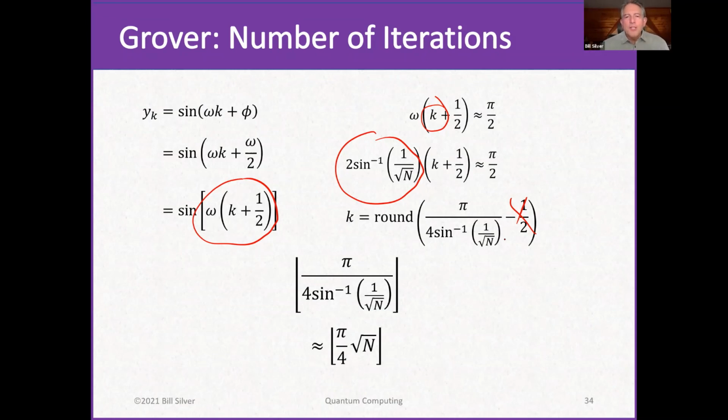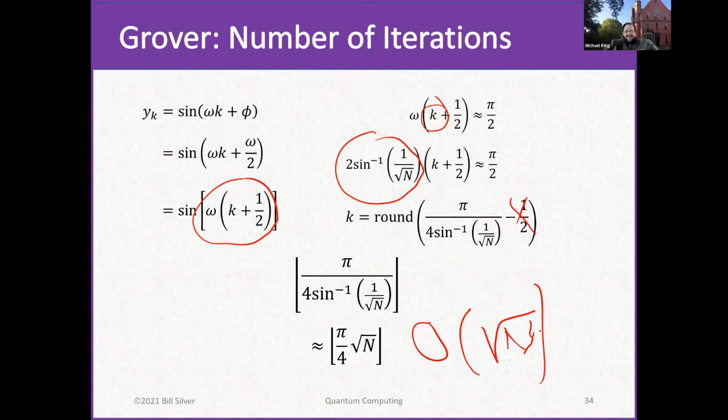That's the number of iterations. And now you can see why this is order square root of n. Because the number of iterations to get the probability of measuring the correct answer to be almost exactly 1.0 is approximately pi over 4 times the square root of n, amazingly.